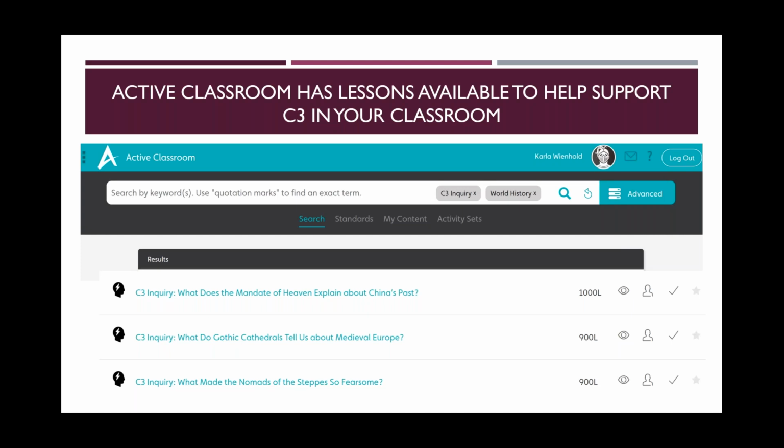But if you think about the C3 process across your unit, if you do an engagement hook activity for your Dimension 1 to hook students into the unit, you can build your content lessons around history and civics and economics and geography, all of the things that we do throughout a unit in history anyway, and then build in that assessment day, and beyond just paper and pencil, what can I do to assess my students' learning. You're doing many assessments along the way, but that big assessment piece that you're doing as well.